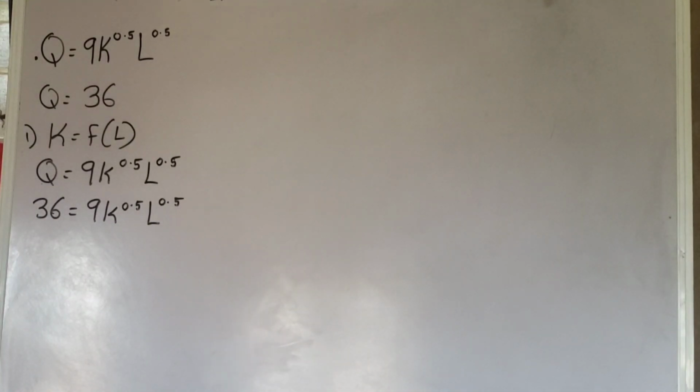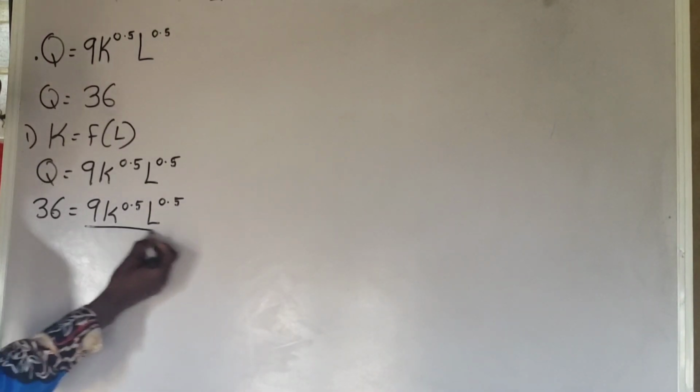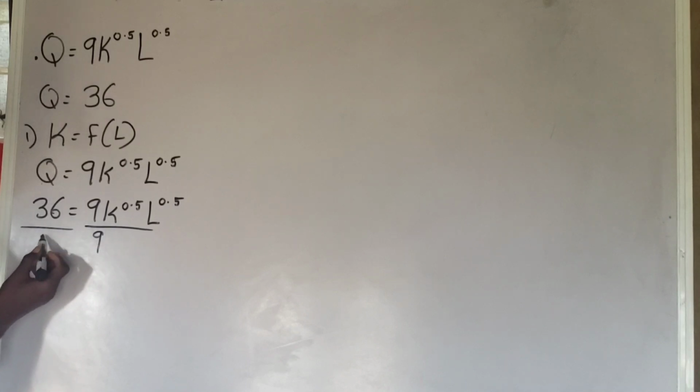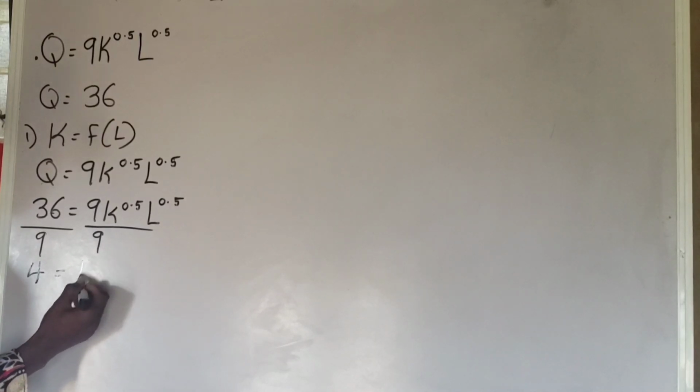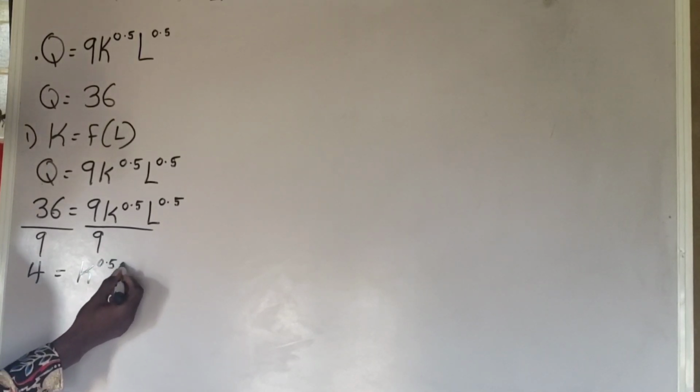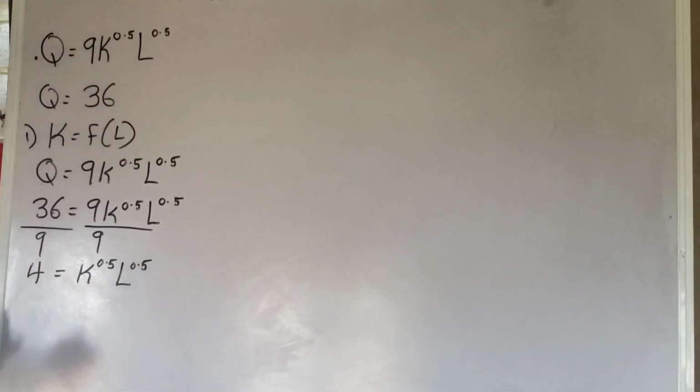The aim here is to make K the subject of the relation. So I'm going to have 36 divided by 9, that is 4. So I'm going to have 4 equals K^0.5 L^0.5. Do you understand?